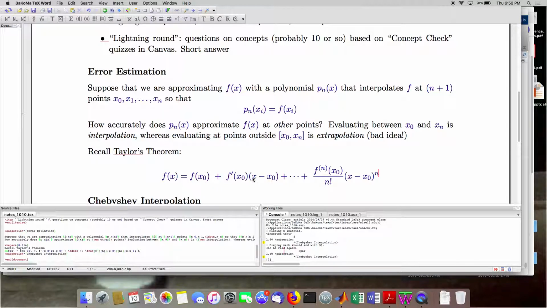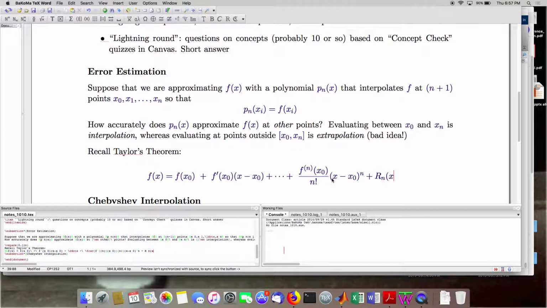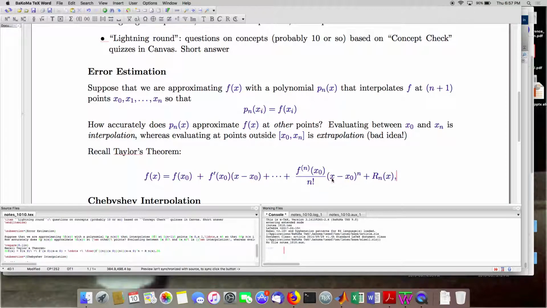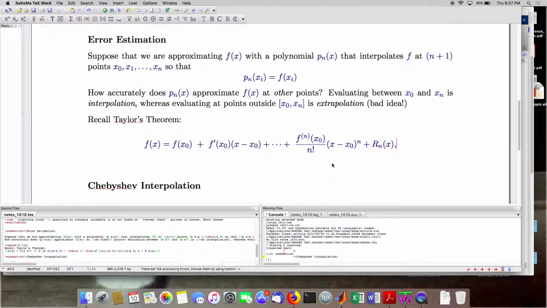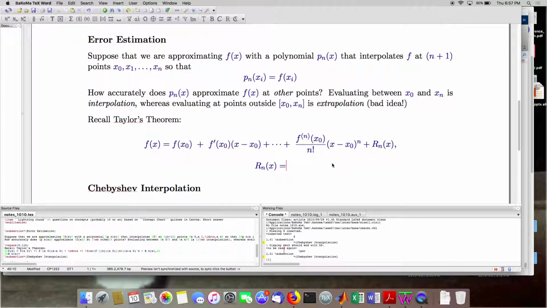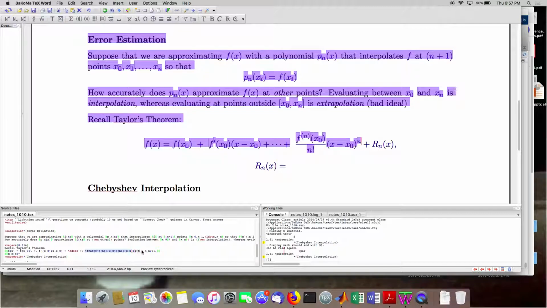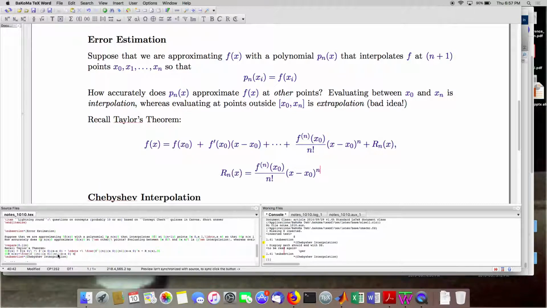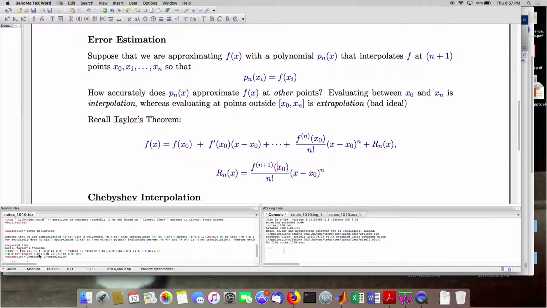So everything I've written out up to this point is the nth degree Taylor polynomial, and what follows is the remainder, Rn of x, where I'll write out the remainder separately. So that's equal to, basically it looks very much like the next term in the Taylor polynomial. So I need to change n to n plus 1.